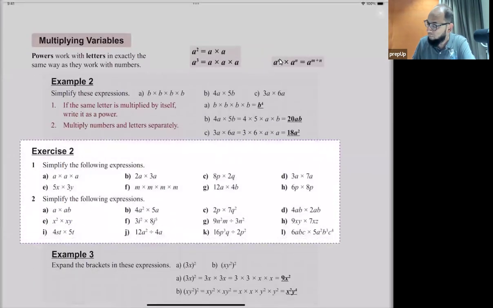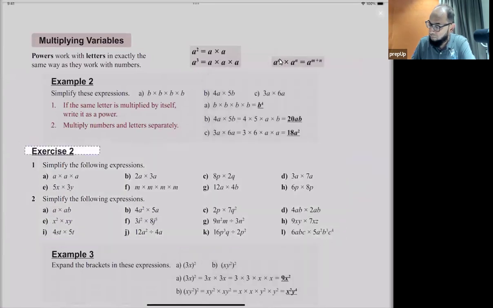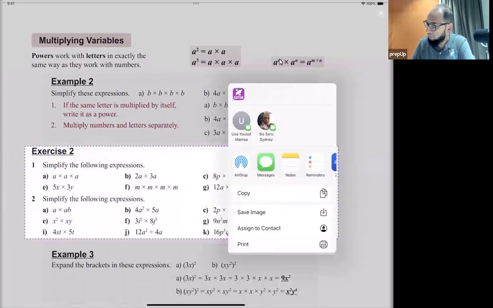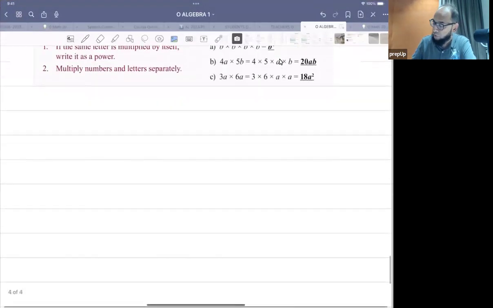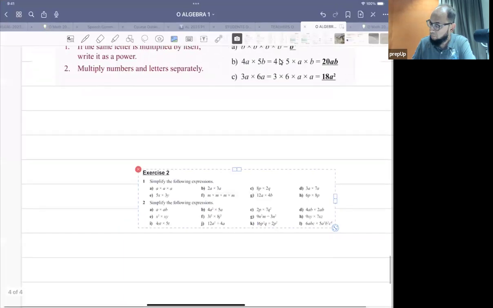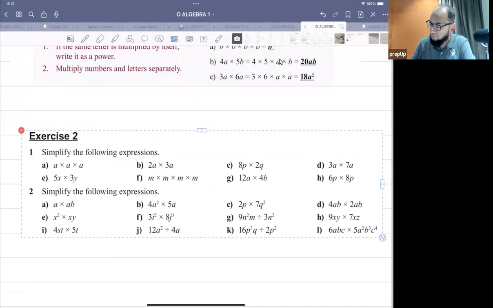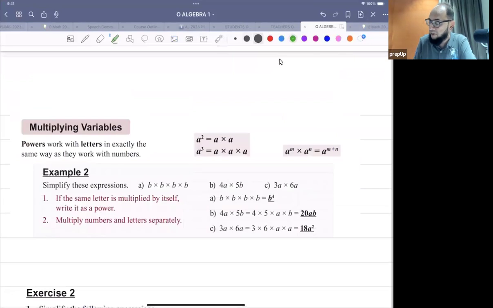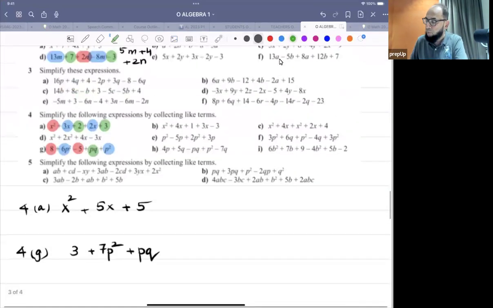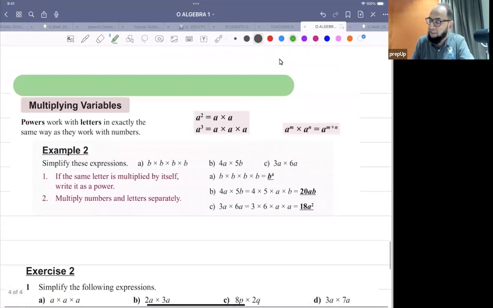Exercise 2. Now this one is about multiplication and all these things. Okay, so now the next thing, this is about multiplying variables. So this one was about simplifying expression, and this is multiplying variables.